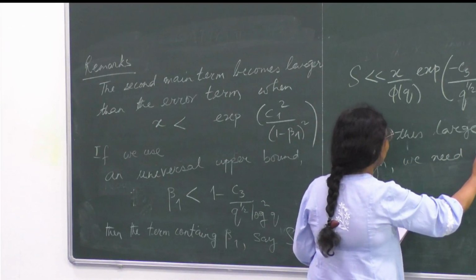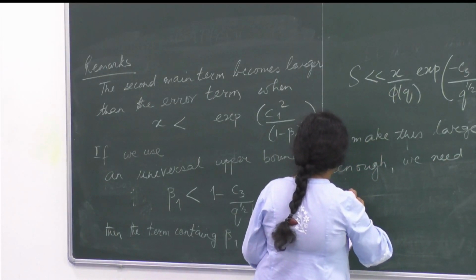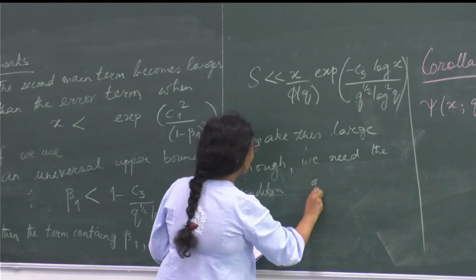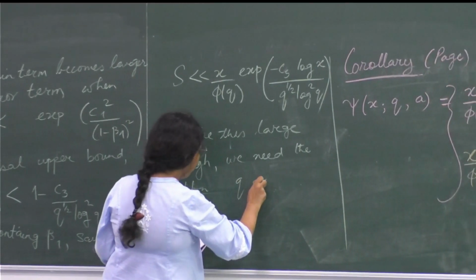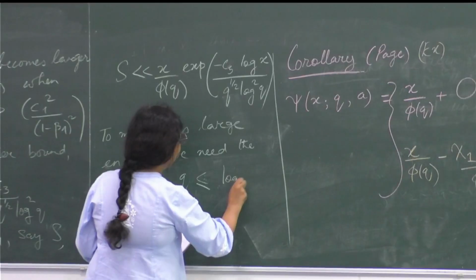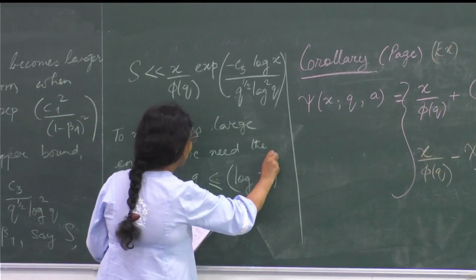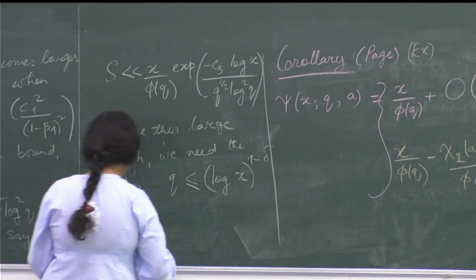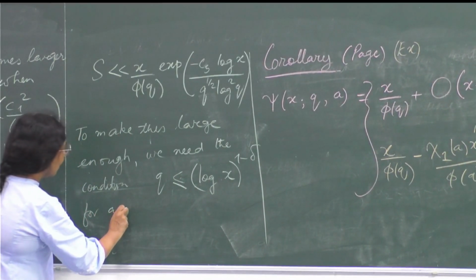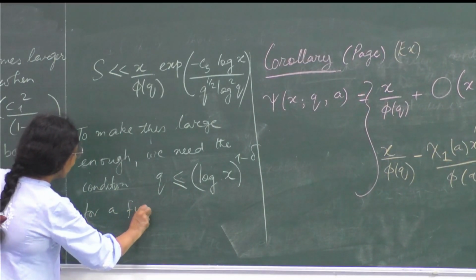What is the condition that you need? Q should be less than or equal to log x to the power 1 minus delta for a fixed positive delta.